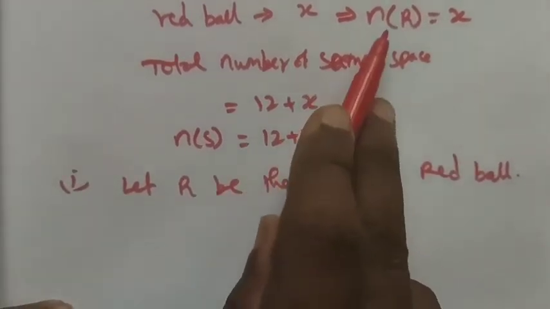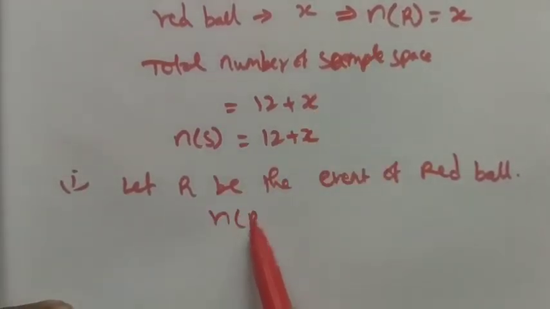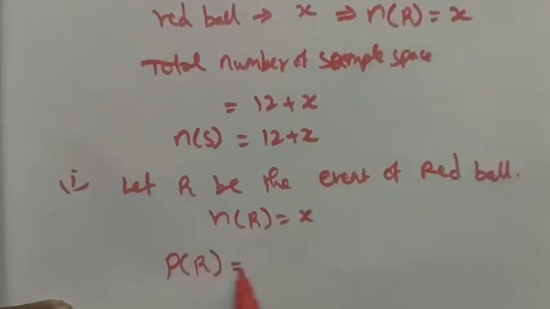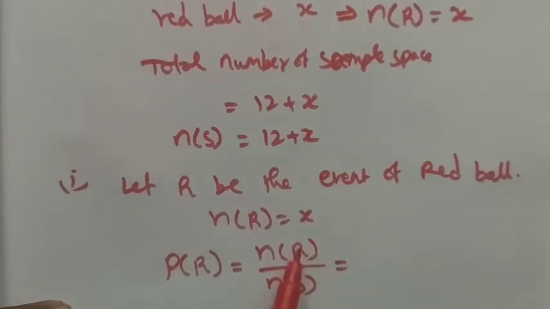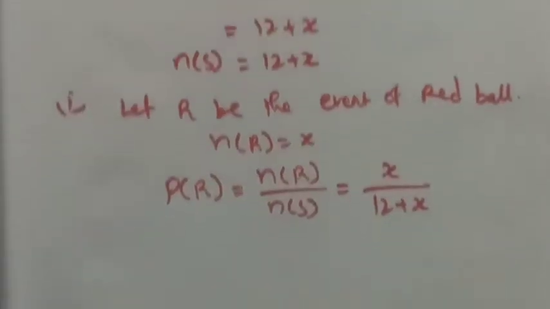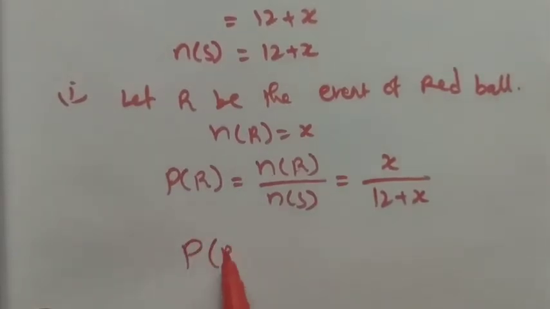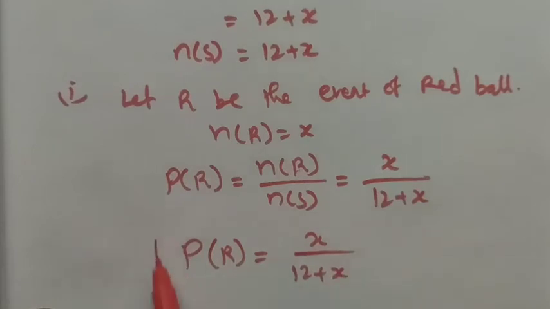Here we know that n of R is equal to X. Then the probability of R is equal to n of R divided by n of S, where n of R is X and n of S is 12 plus X. So the probability of getting a red ball is X divided by 12 plus X.